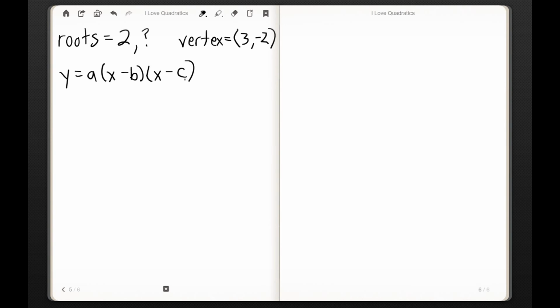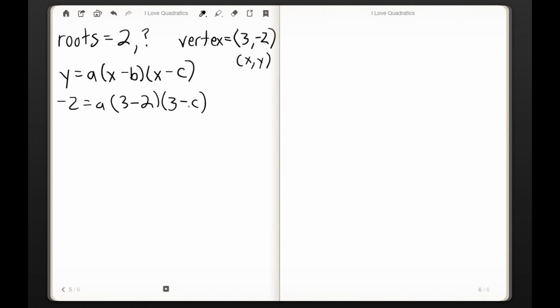So your first guess here might be to say, well, we have a root, so let's use root form. So if we did that, we have a root, and then we would need an x and a y. So we could make this vertex just any other point on the graph that we would substitute the x and y values in for. So then we would have y of negative 2 equals a times x of 3 minus this root of 2, and then x of 3 minus, we don't know what the second root is, so we would just leave that as c.